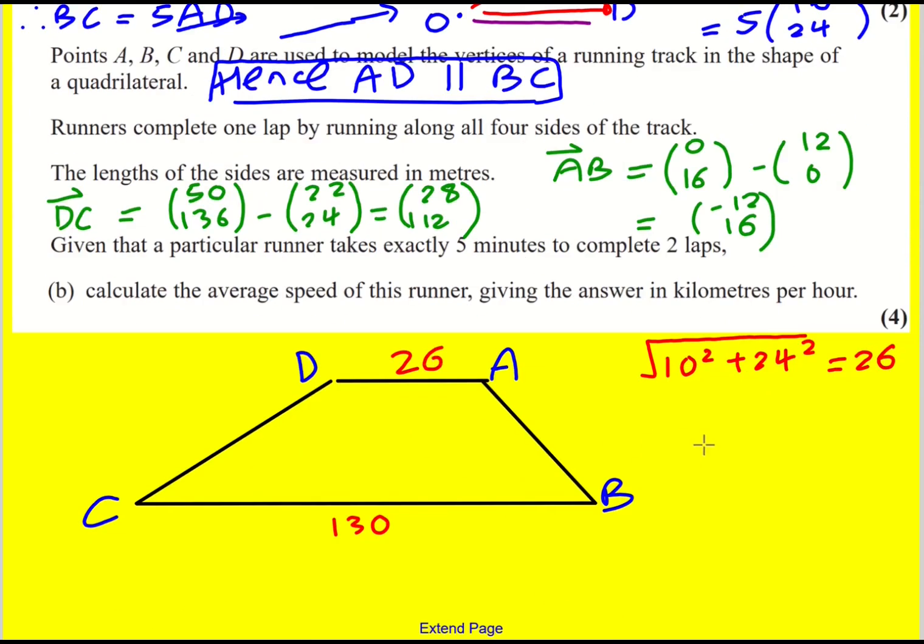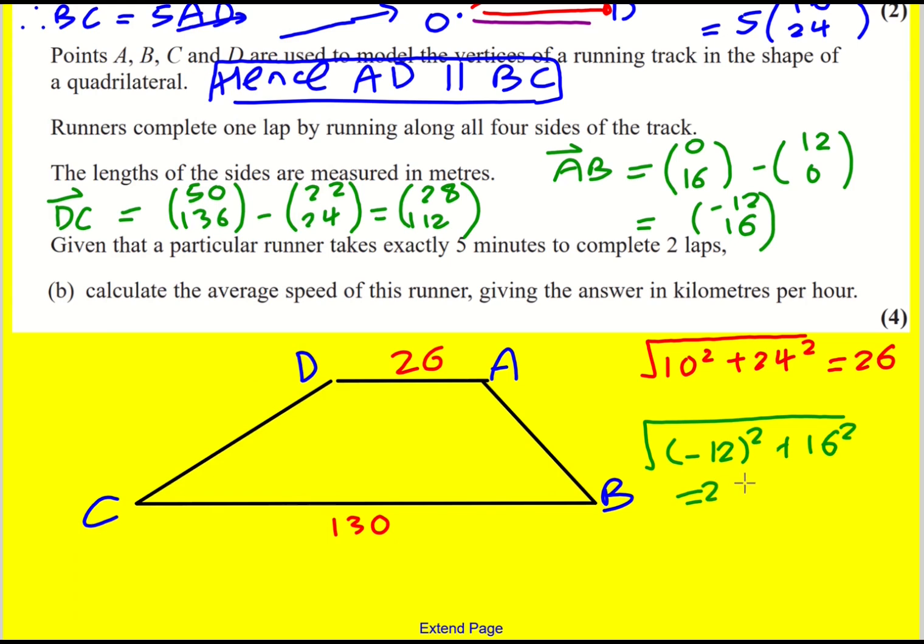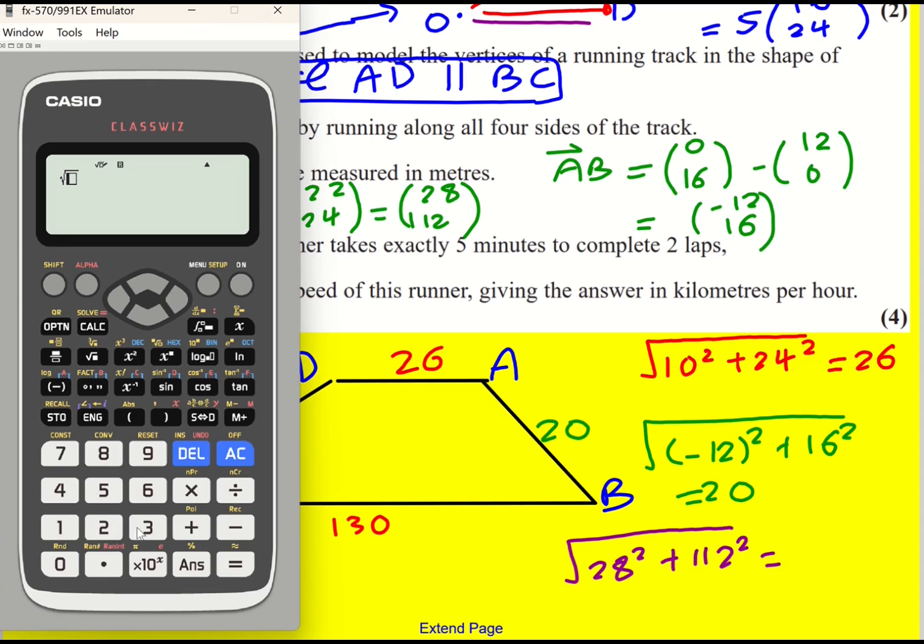So the length of AB will be minus 12 squared plus 16 squared, square rooted. You can actually ignore the minus. So 400 square rooted is 20. And then 28 squared plus 112 squared, square rooted, which is 28 root 17.